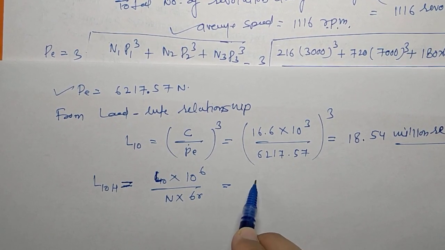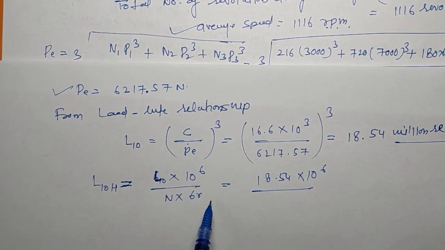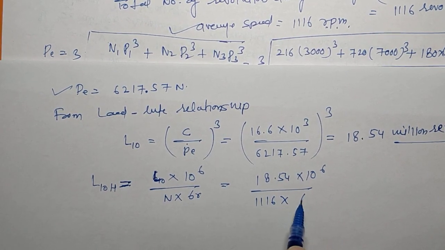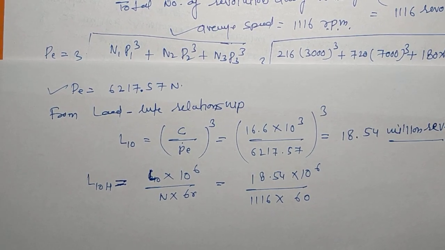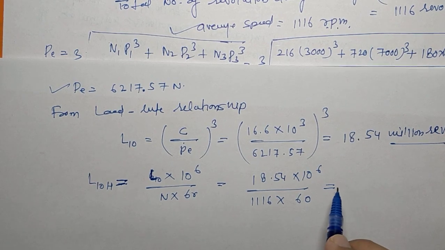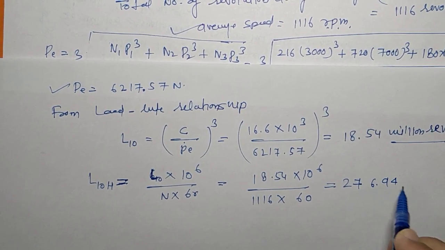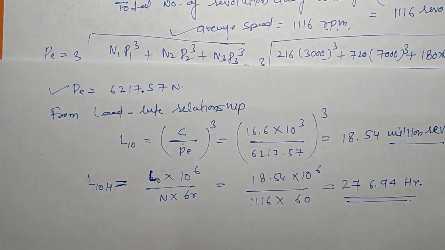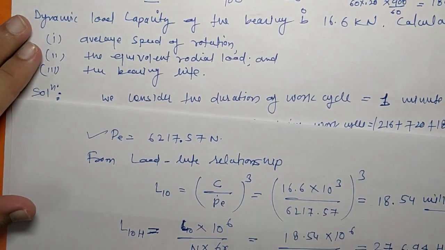L10 is 18.54 multiplied by 10 raised to power 6, and average speed is 1116, and this is 60. If we solve this using the calculator, we'll get a value of 276.94 hours. So this is the answer for the third part. This is how we can calculate this type of problems.